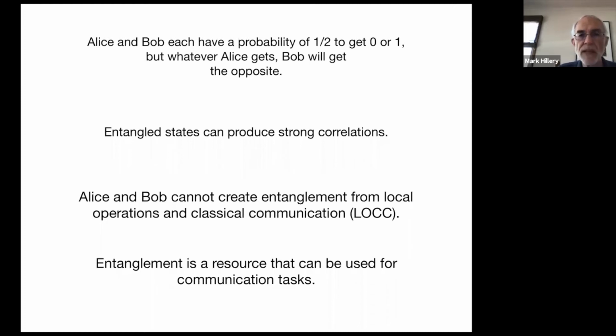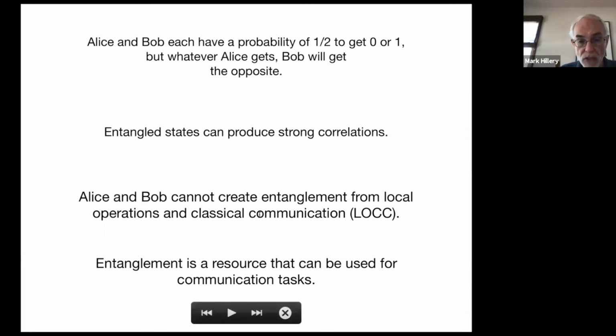Individually, Alice and Bob get totally random results, but if Alice gets 0, Bob will get 1, and vice versa. So entangled states can produce strong correlations, and we already said that this cannot be created from local operations and classical communication. Entanglement is a resource that can be used for various quantum communication tasks.